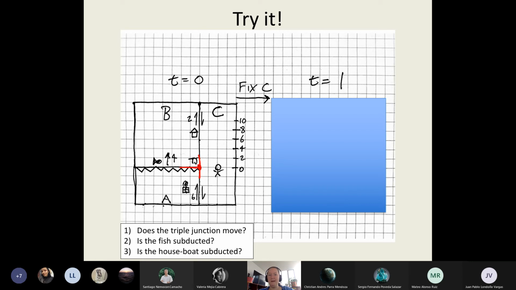An example of what would happen, let's try an example right now without the numbers, of a trench triple junction. All of these are subduction zones. What happens to this point? This one is subducting under here and under here. This one's subducting under here.